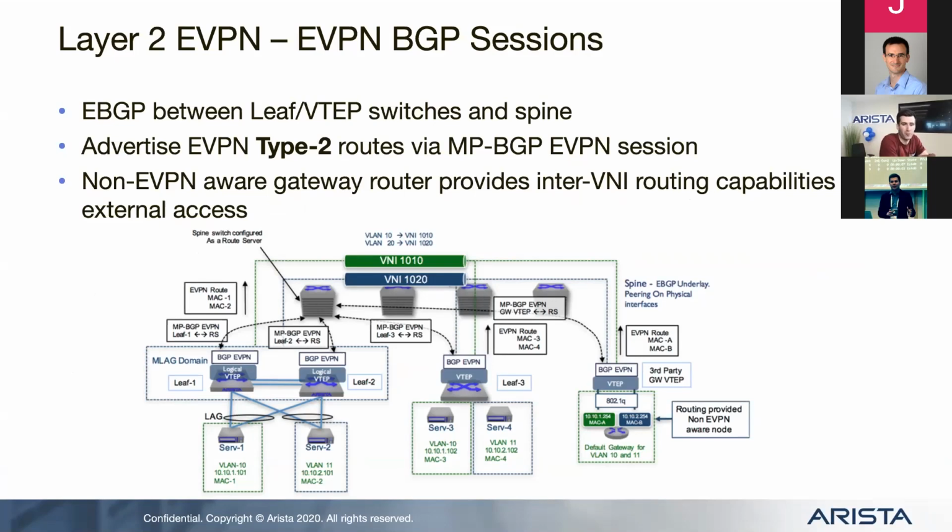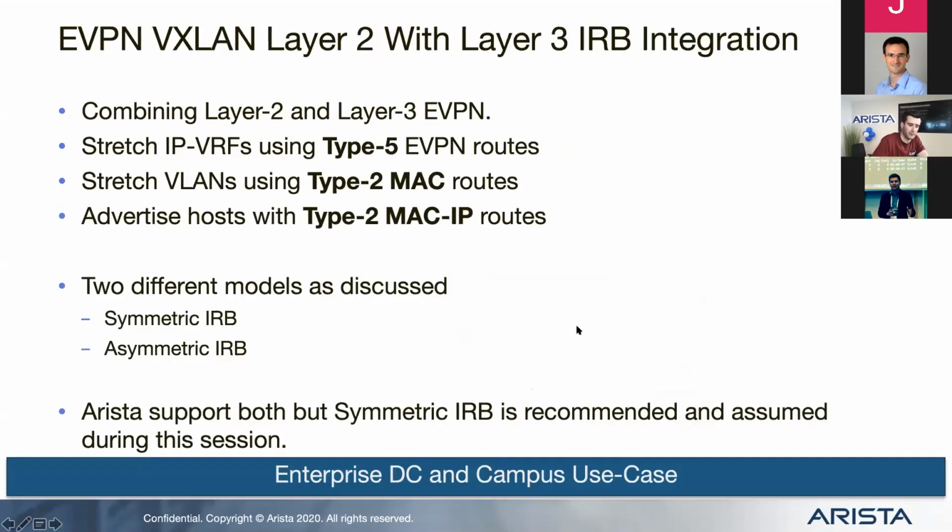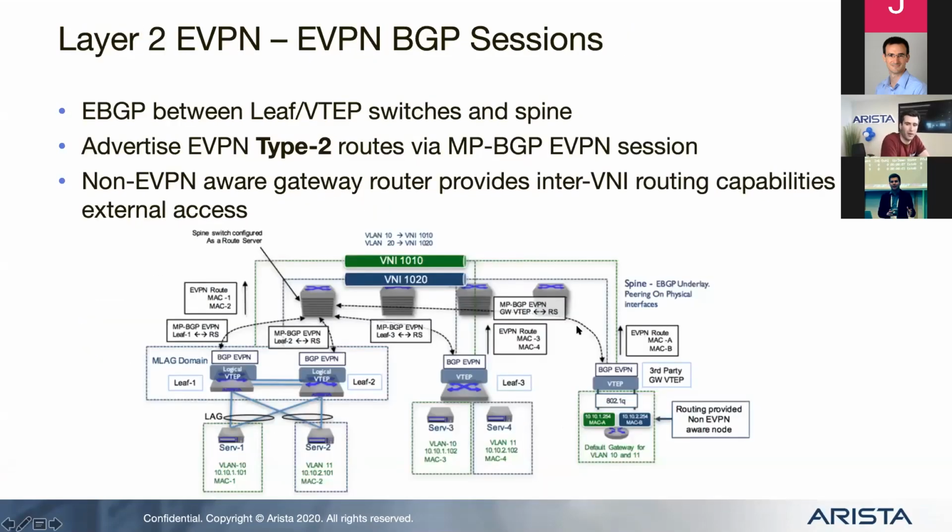But of course, how do you route between these different segments, or these different layer 2 domains? That's where typically a customer would use an external gateway or an external router for routing between these layer 2 segments. So you can deploy another router for providing this, or you could add another VTEP here that is EVPN aware to provide the routing between them.